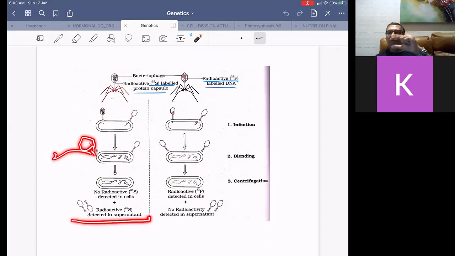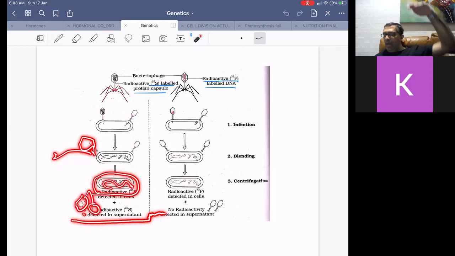So you put the bacteriophage over the bacteria and allow it to centrifuge. Bacteria being heavy will sediment, and the capsules being light will become supernatant. So, where did we find the radioactivity? In the sedimented bacteria, there was no radioactivity. Radioactivity was detected in the capsules that stayed in the supernatant.